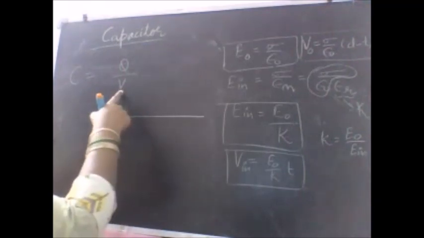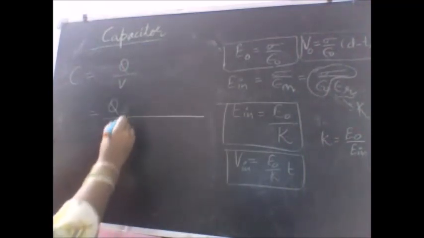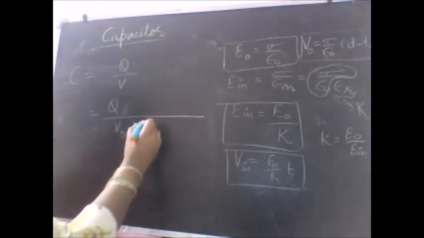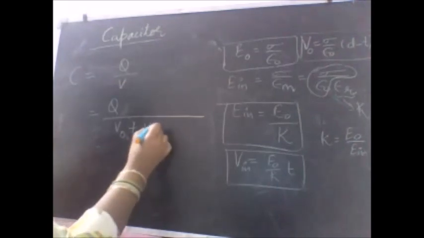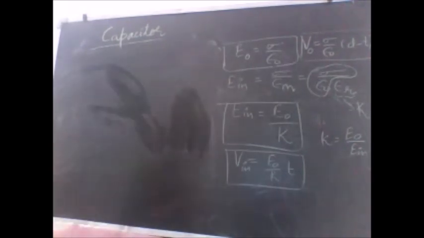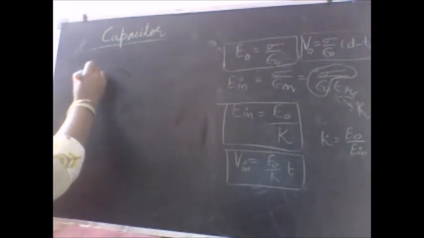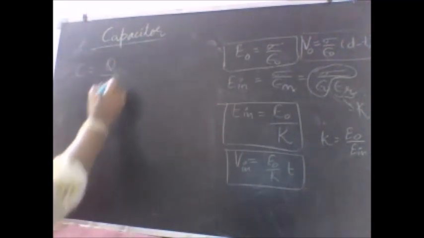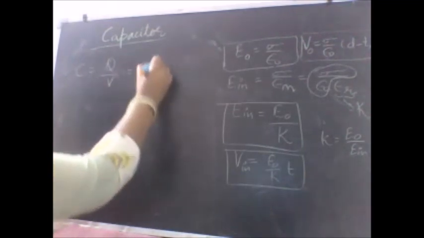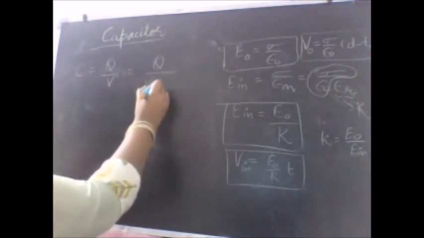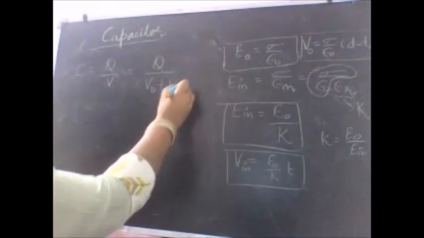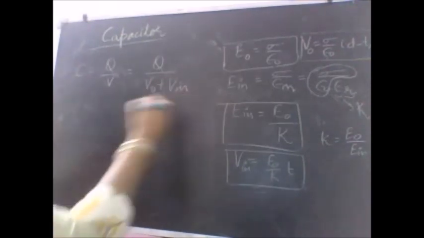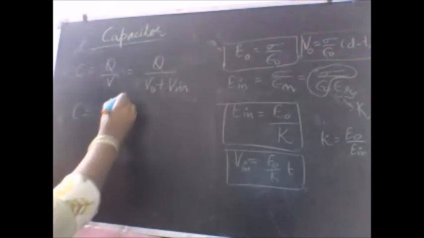Let us write the expression for V. V is the total potential, which is the sum of V naught and V induced. So let us derive the expression for the capacitance. C is Q by V. What is this V here, children? V is the sum of V naught and V induced. Let us put the values and see what final result we are getting here.